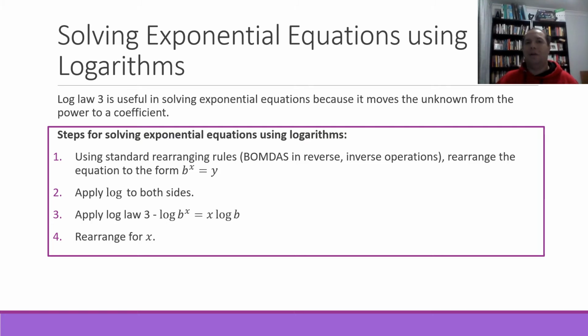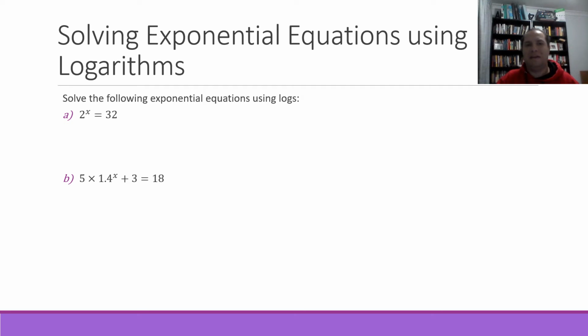After that, you can apply logs to both sides, and from there, and this is the key step, apply log law 3. Bring that power down to the front of our expression, and then from there it's a simple rearrange to get x. Alright, so let's do some examples.